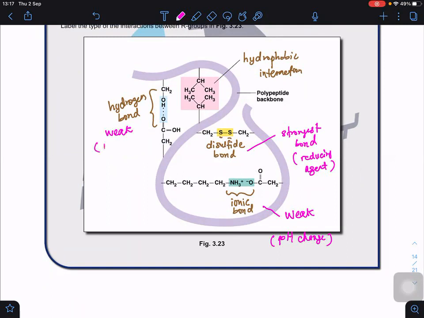For this one, we increase the temperature. Not a change only, but an increase in temperature, we can break the hydrogen bonds. Actually, when you change pH, you can break the hydrogen bond as well. But when you talk about temperature, increased temperature can break hydrogen bonds. And hydrophobic interactions are the weakest. A slight increase in temperature can break the hydrophobic interactions already.